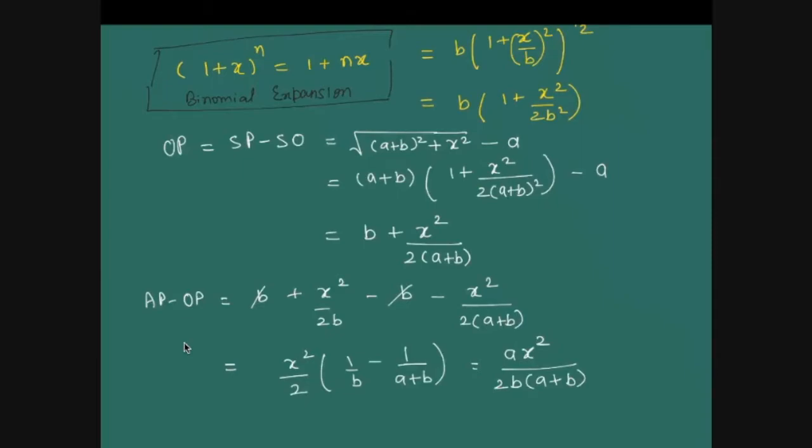So now we know the condition for maxima and minima. P would be maximum when this path difference AP minus OP is equal to odd multiple of lambda by 2. So equate the two things.